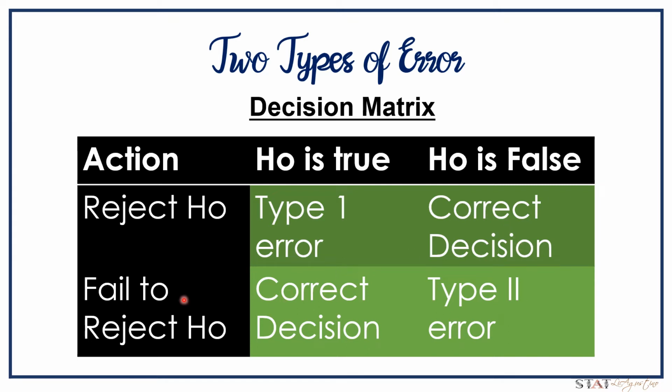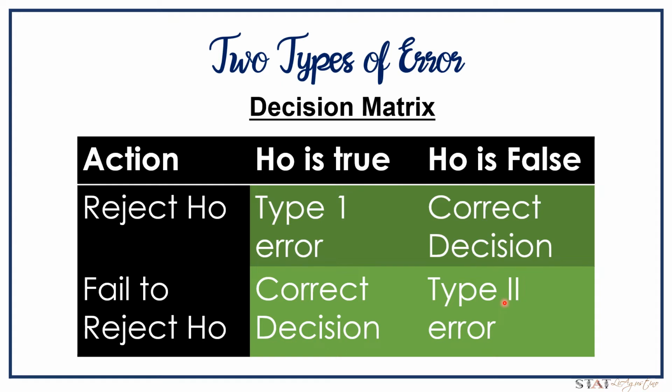If you fail to reject H0 and H0 is true, you have a correct decision. However, if you fail to reject H0 but H0 is false, it's not true, then you committed a type 2 error.